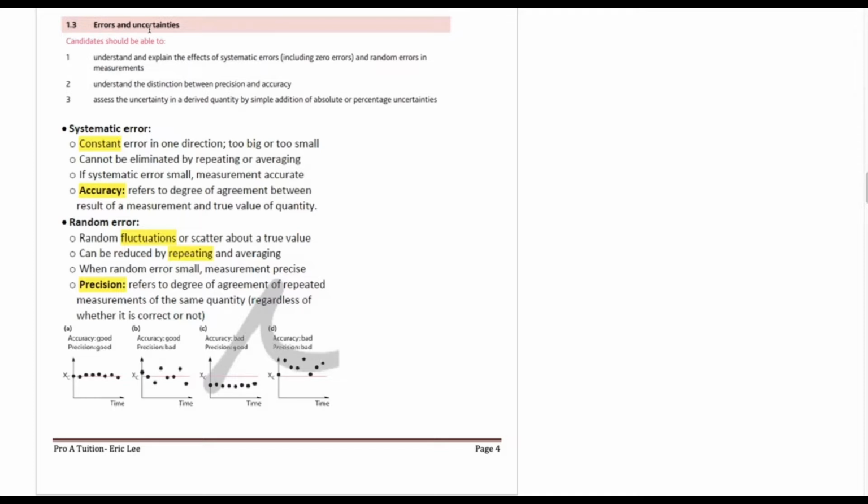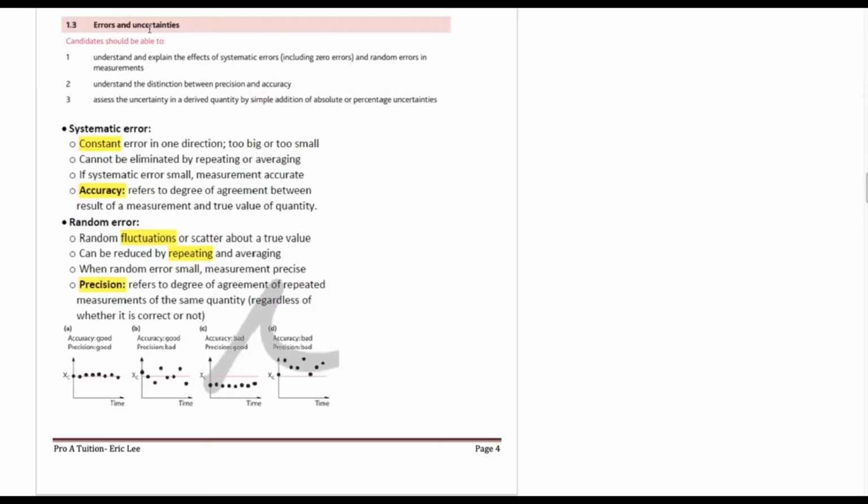Okay, then the next one, accuracy, refers to the degree of agreement between results of a measurement and the true value of quantities. So that means how accurate a value is. It depends on what instrument you use.